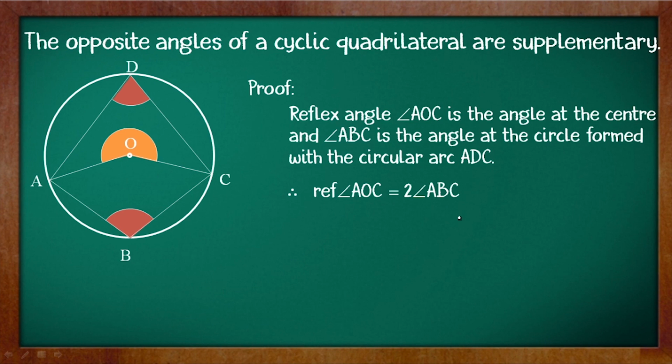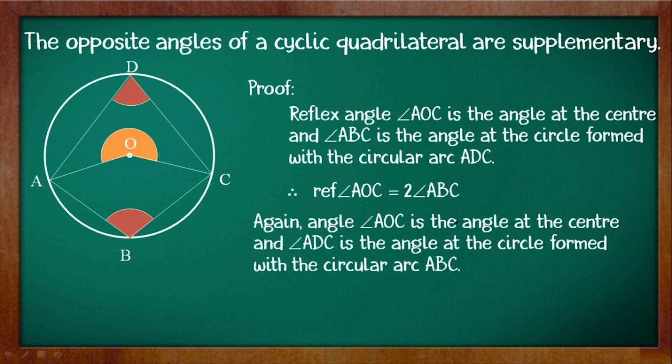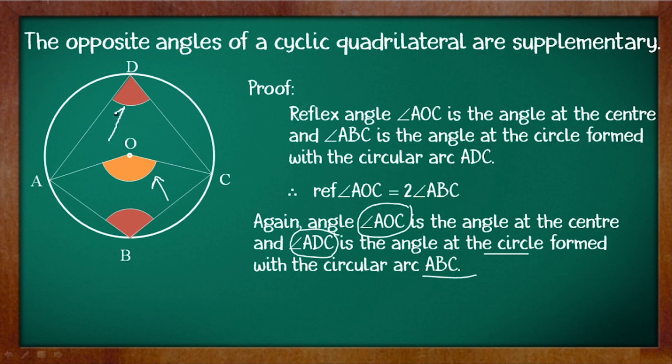Similarly, we can see that angle AOC is the angle at the center, and angle ADC is the angle at the circle formed by the arc ABC. This arc forms the angle AOC at the center, and this arc forms angle ADC at the circle.